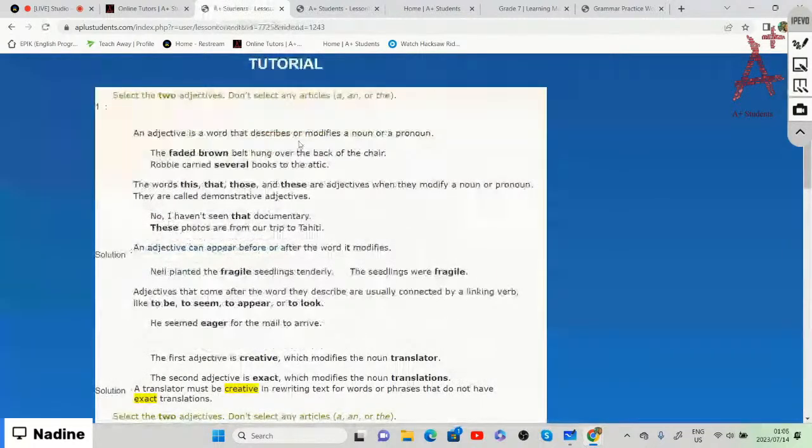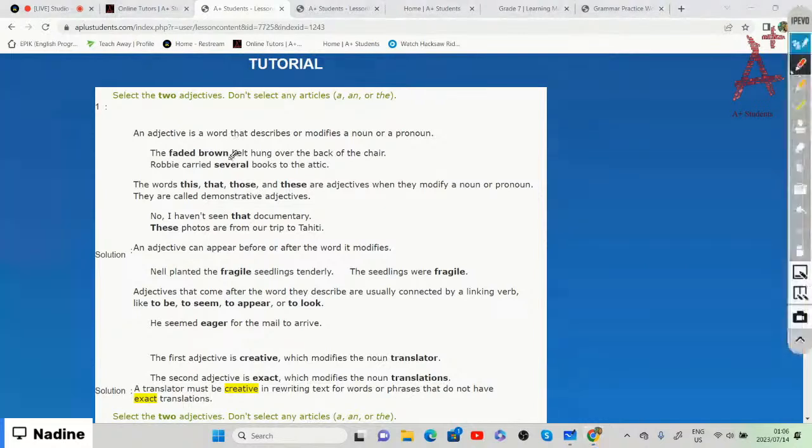All right, so whenever we select to identify adjectives, right, the articles a, an, or the are not adjectives, right? However, an adjective is a word that describes or modifies a noun or a pronoun.